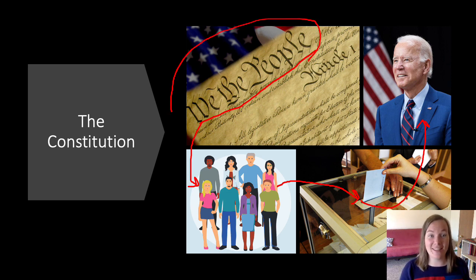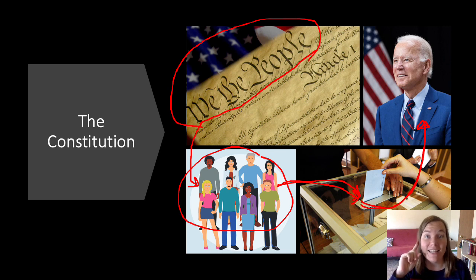So the Constitution, first three words, says, we the people. This means the people, citizens 18 and older, can choose our leaders like our president. This is all called the idea of self-government.